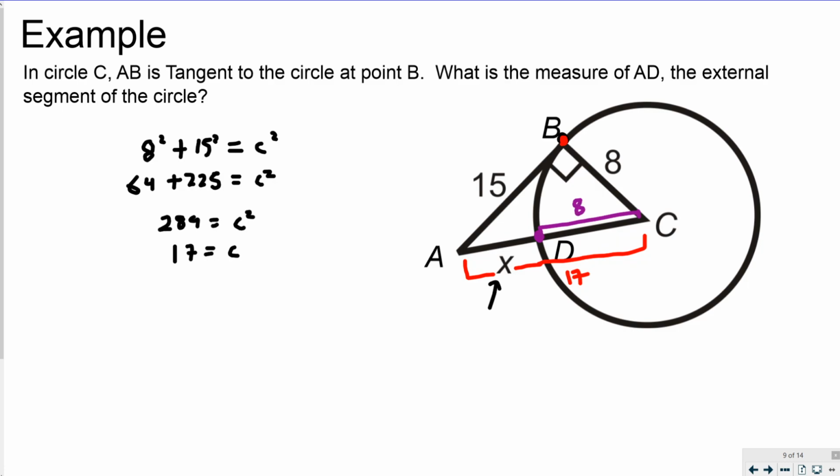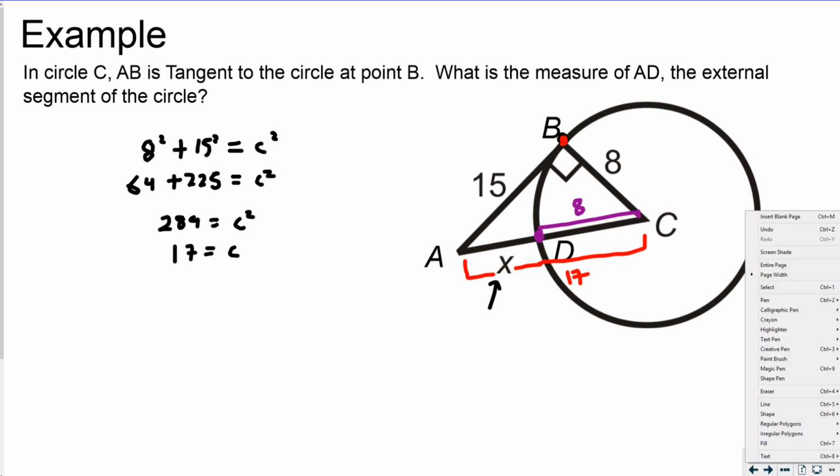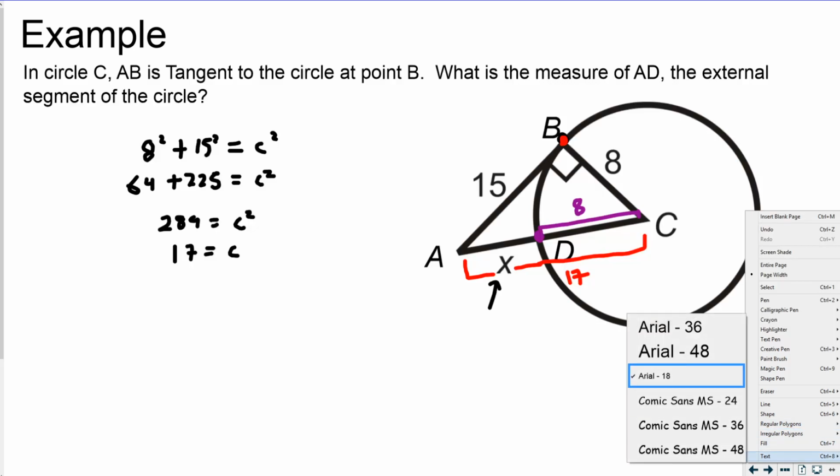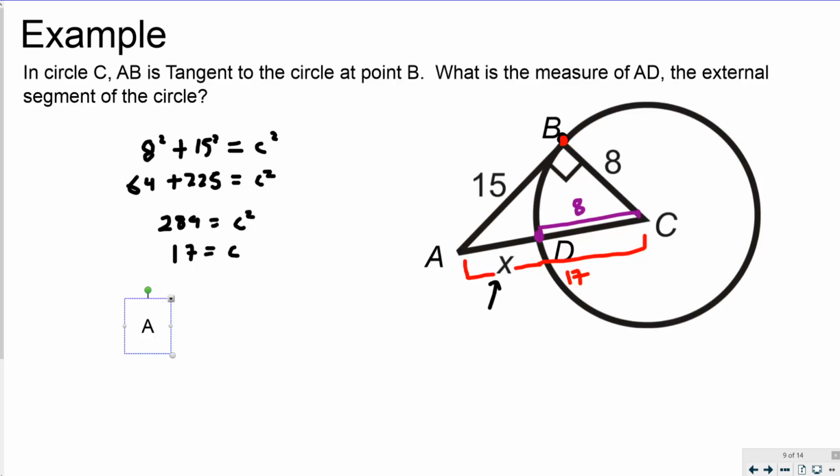So if I wanted to calculate the measure of AD, thinking aloud here, AD plus DC equals the length of AC. If I combine those two segments together, segment AD plus segment DC equals AC.